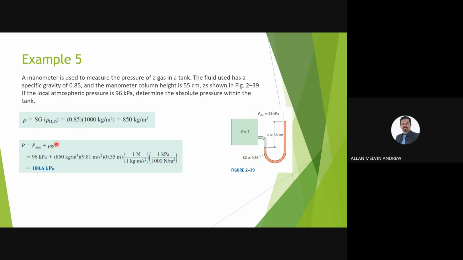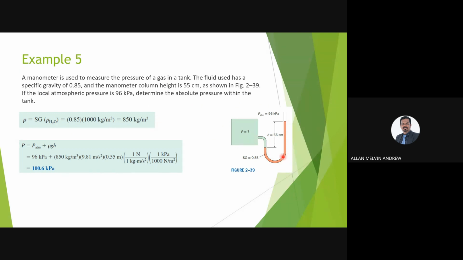To substitute here, you need to know the density. The formula is specific gravity times density of water: 0.85 times 1000, so the density of this fluid is 850 kilogram per meter cube.